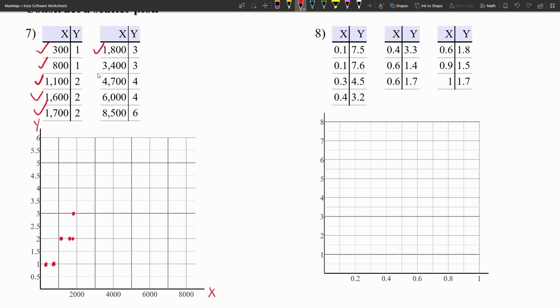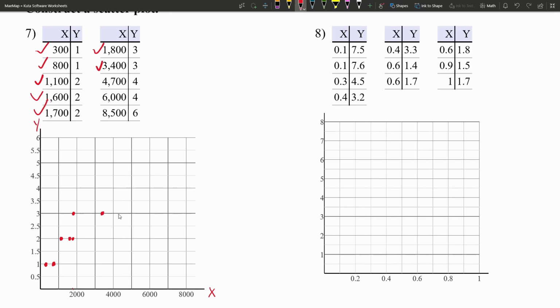And then 3,403. Again, let's find our 3,000 tick mark, which would be here. 3,400 would fall a little less than halfway between 3,000 and 4,000, so somewhere around here, and we need the y value to be 3. So moving up to 3, 3,400, comma 3.